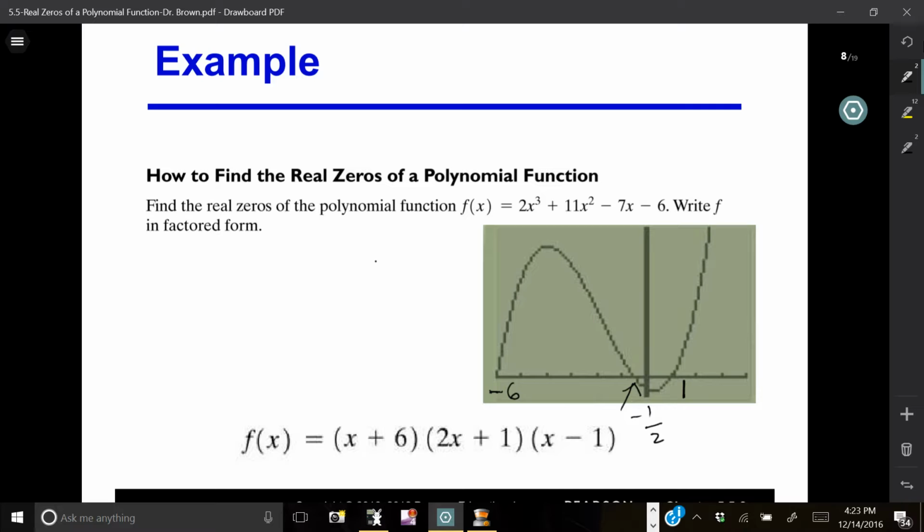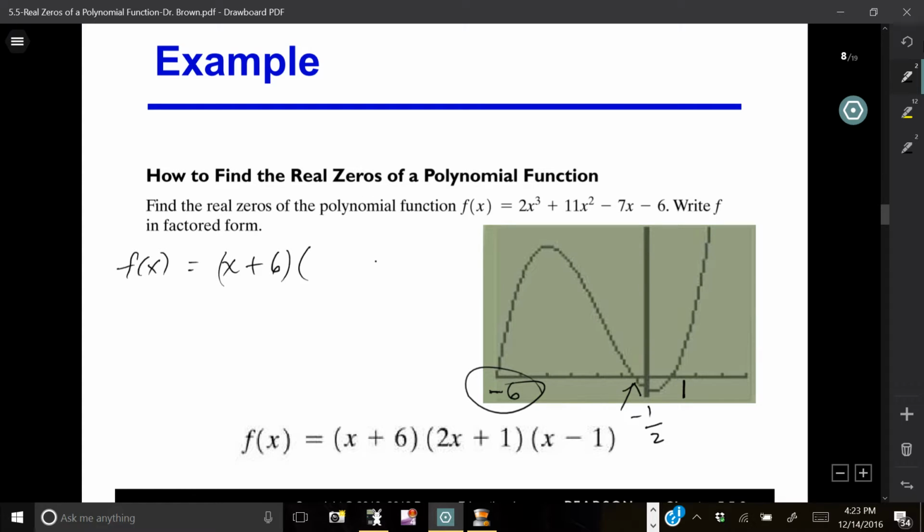That means then that the factors for f of x would be x plus 6, x plus 1/2, because that would give a 0 of x equals minus 1/2, and then x minus 1.